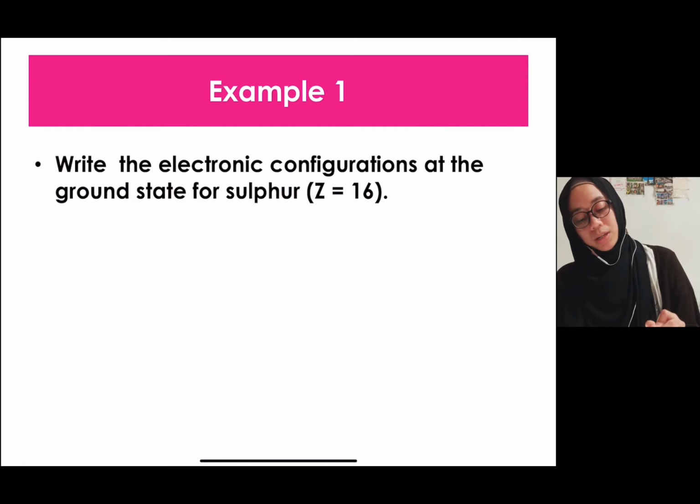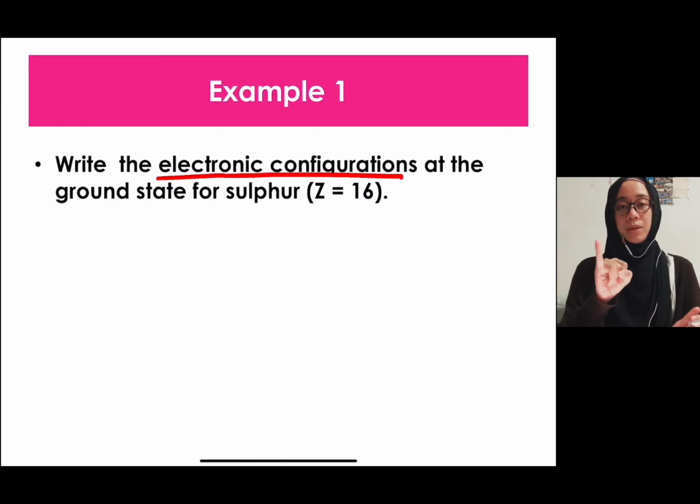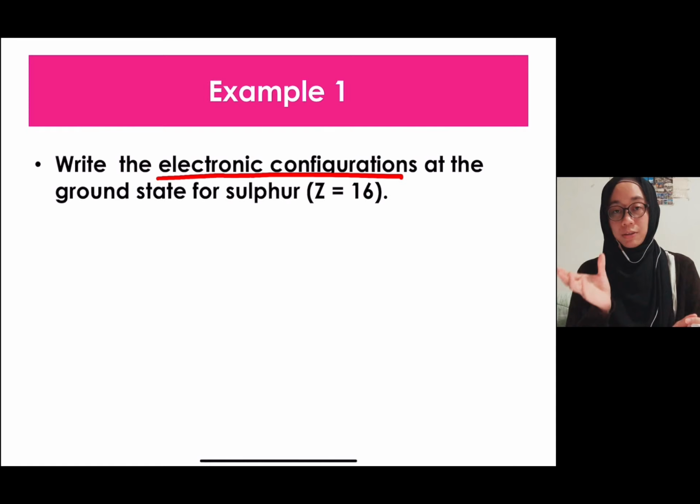Okay, so it says here electronic configuration. So electronic configuration can be written in either SPDF notation or orbital diagram. So you can choose to write in either one. Tapi kalau soalan specifically minta write the orbital diagram untuk sulfur, therefore it has to be in orbital diagram.